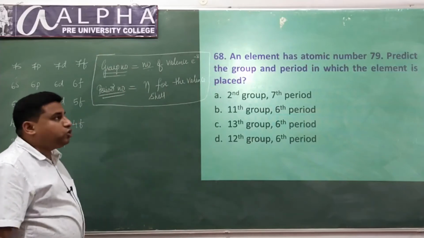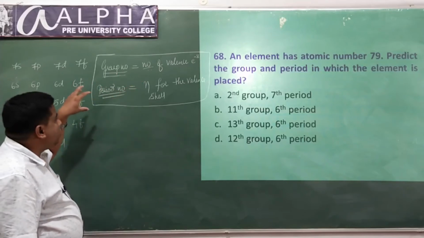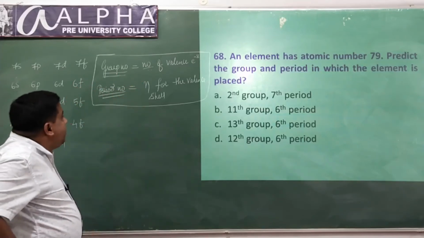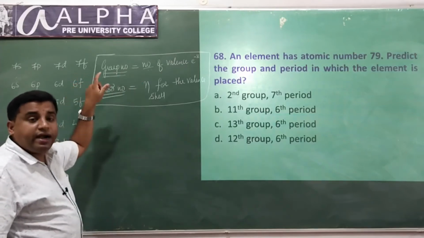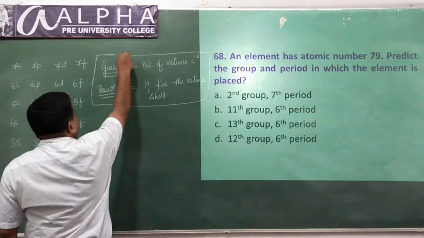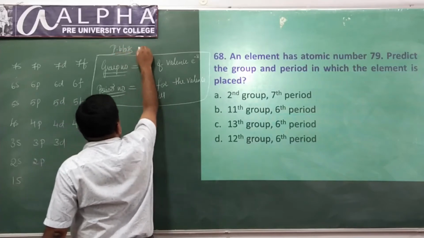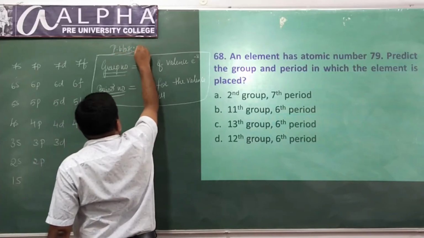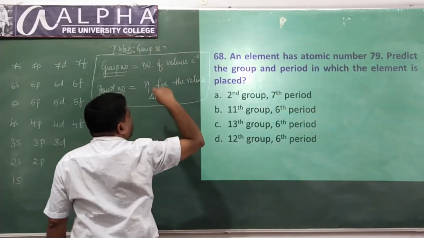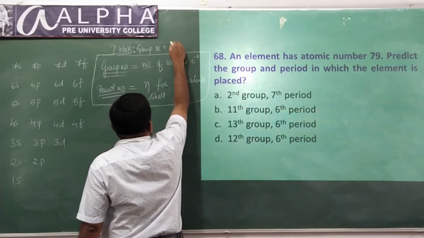Group number is equal to the number of valence electrons. That is for S block and D block, whereas for P block, look here, group number is equal to what?